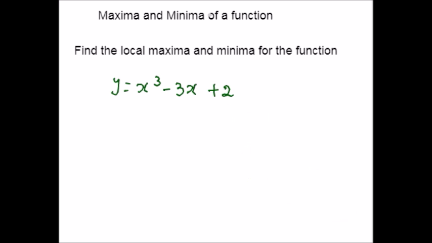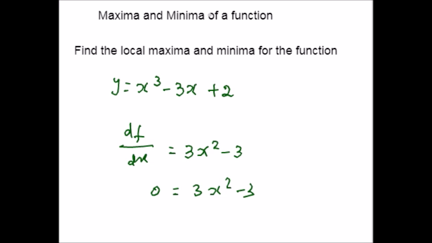The first derivative of this function is going to be, if you apply the power rule, 3x squared minus 3. At stationary points, dy over dx is going to be 0. So you have to set this equal to 0 and solve for x. Take the common factor outside, divide both sides by 3, and solve for x. x is equal to plus or minus 1.